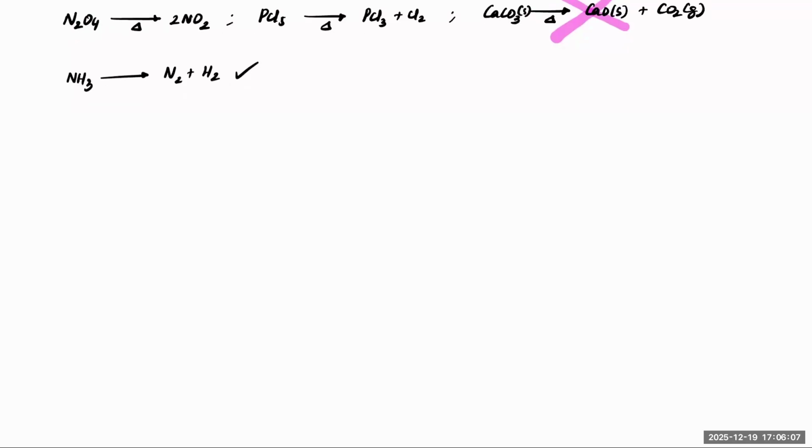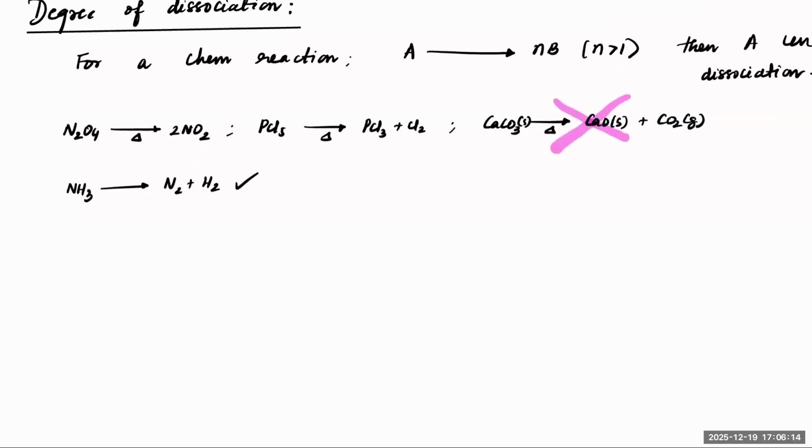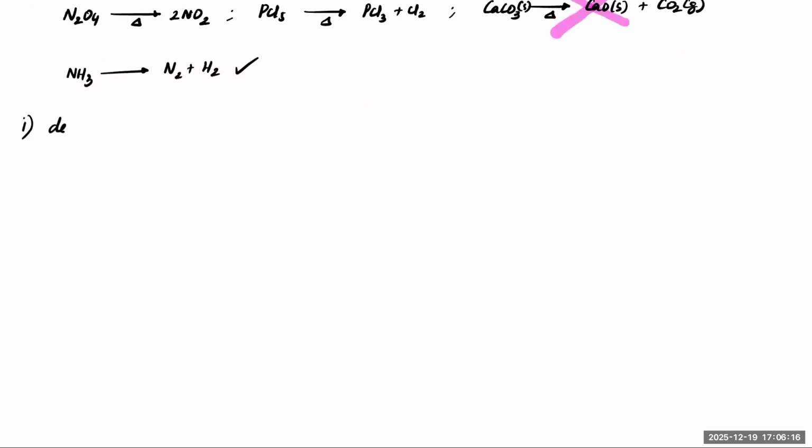So how do we figure out dissociation-related parameters? The first parameter you are looking at is the degree of dissociation, defined as alpha.